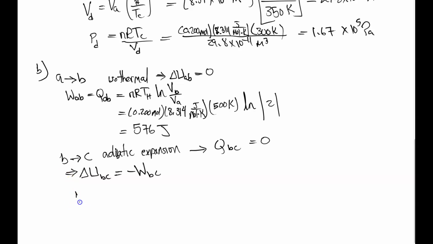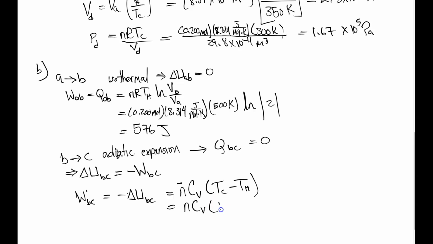And the work from B to C is going to equal minus the negative change in internal energy, which can be given by nCV (T cold minus T hot), or T low minus T high, which is the same as saying nCV (T_H minus T_C).